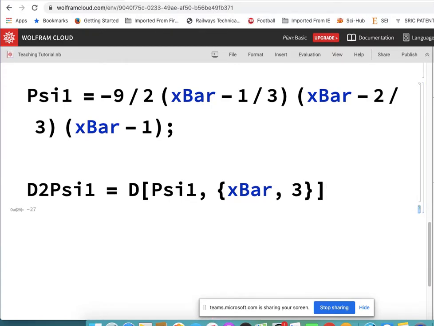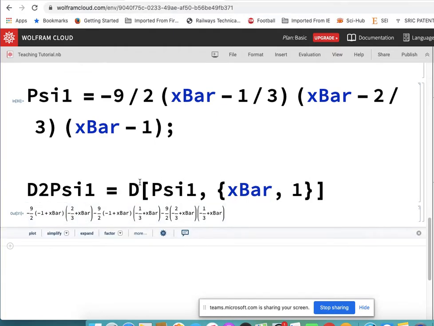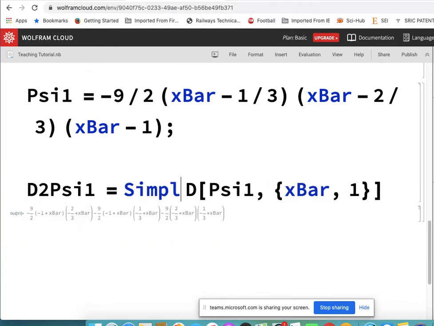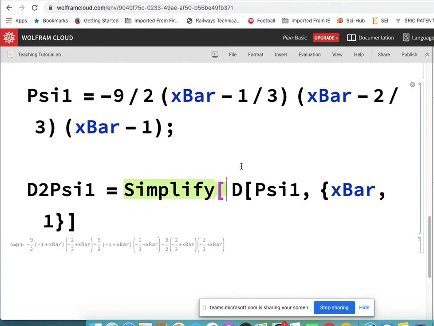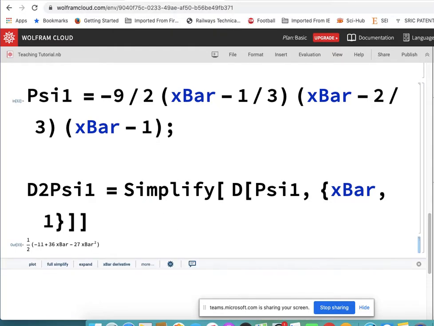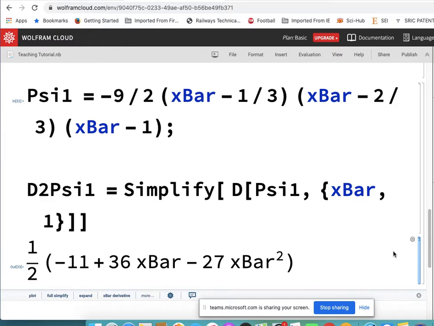If I differentiate it once, it is a little expanded, so I can say simplify. I get this, and you can evaluate that this is indeed true. So this is how you do the differentiation.